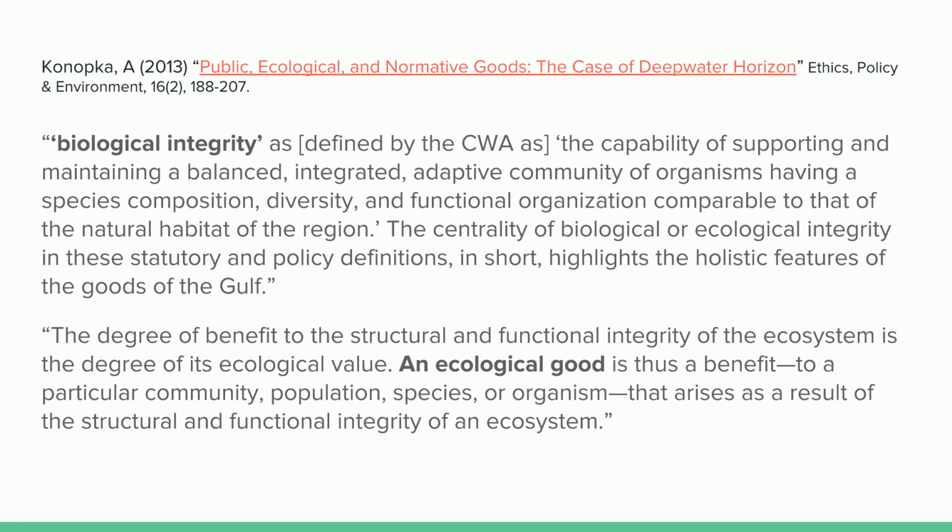So in this light, it's not just about how many fish died. It's also not just about the size of the oil field. It's really about how the impact to that ecosystem affects all its parts and affects the capacity of those parts to work together properly.